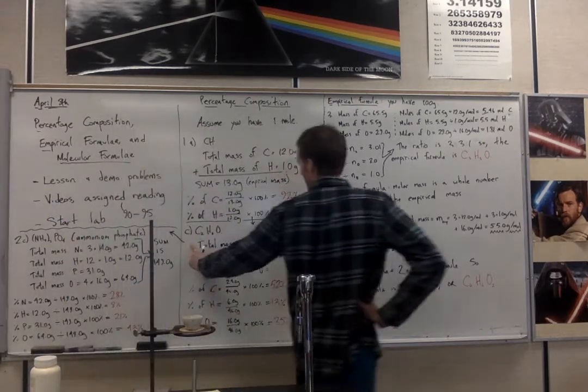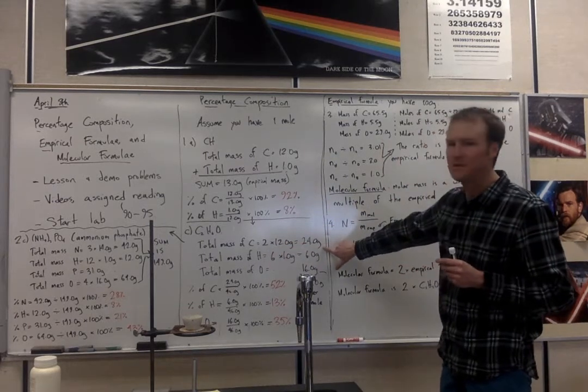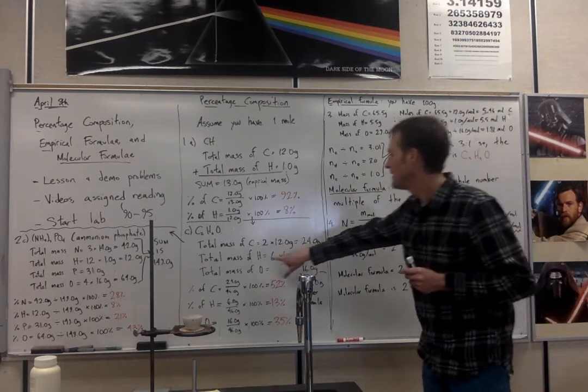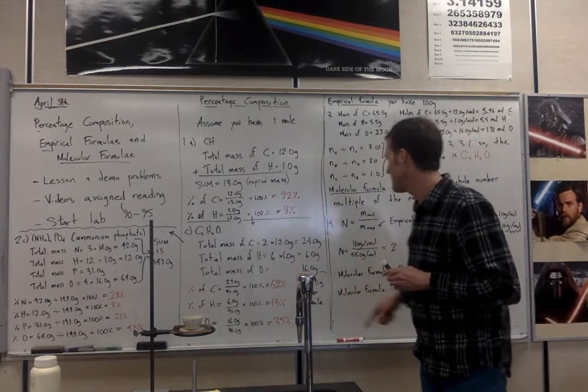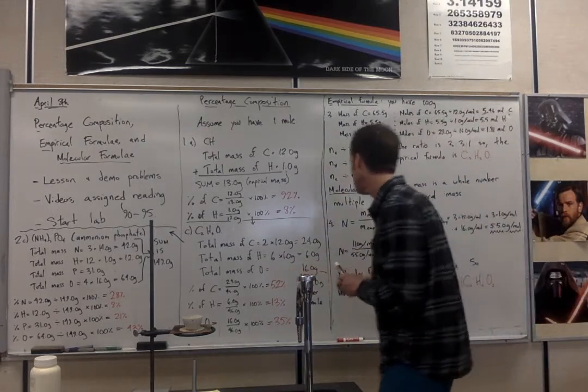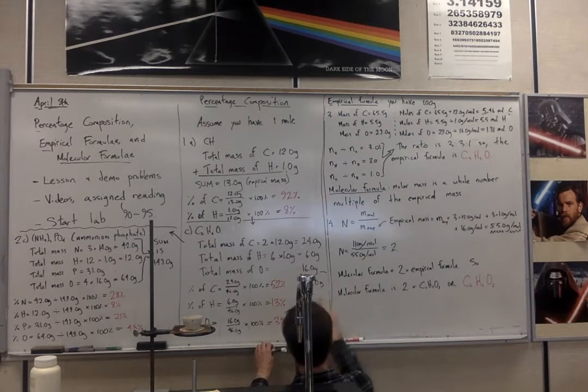The total mass of carbon, again assuming we have 1 mole, is 2 times 12, 24 grams. That of hydrogen, 6 times 1, 6 grams. That of oxygen is 16 grams.